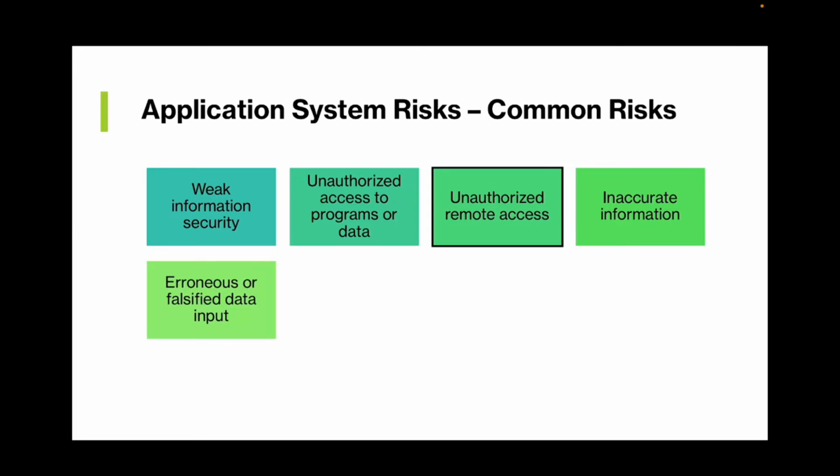However, falsified data input, on the other hand, is when inaccurate data are inputted to the application system intentionally, with the intention of defrauding the business or the organization and its stakeholders. In this case, preventive measures may include safeguarding access to programs and data through user authentication and authorization mechanisms.